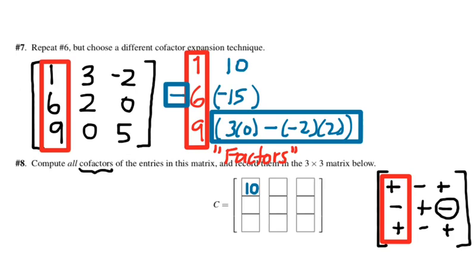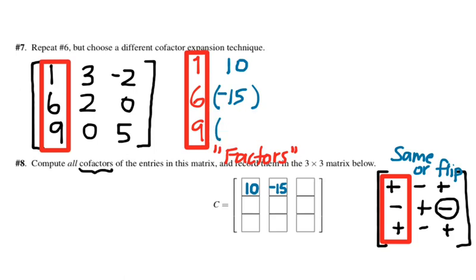And so the cofactor of 6 in this matrix was negative 15. So if you had originally gotten a negative 15, it would have become positive 15. So the sign either stays the same or it flips. So think of this as a same or flip matrix. And the cofactor of the 9, 0 minus negative 4, gives you a 4.